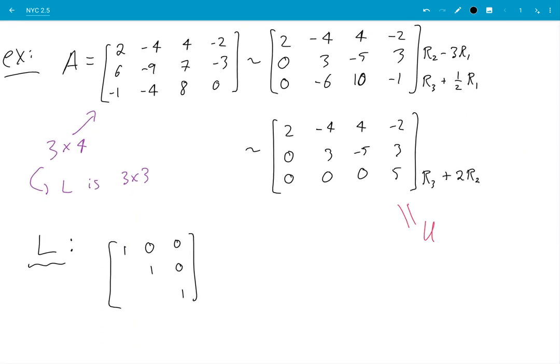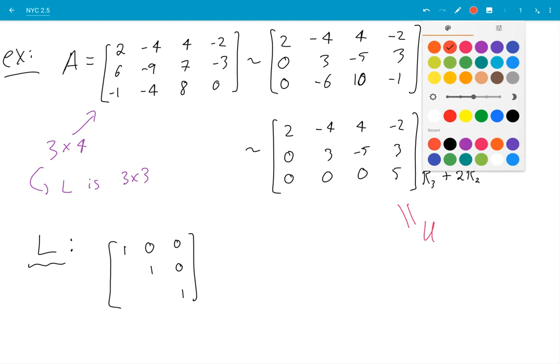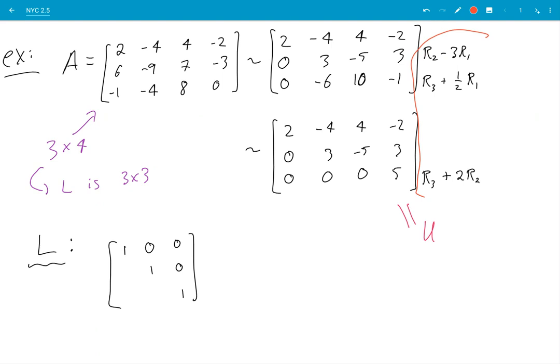Now, I want to go through this sequence of operations backwards. So I'm going to start with this guy. What do I want to end up with?